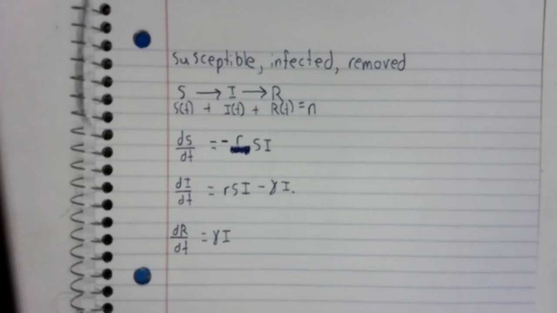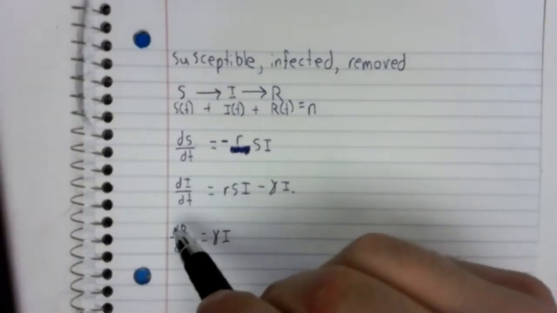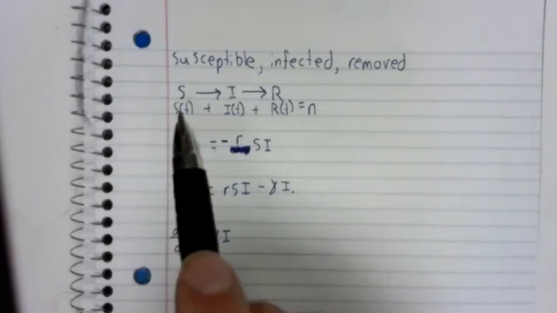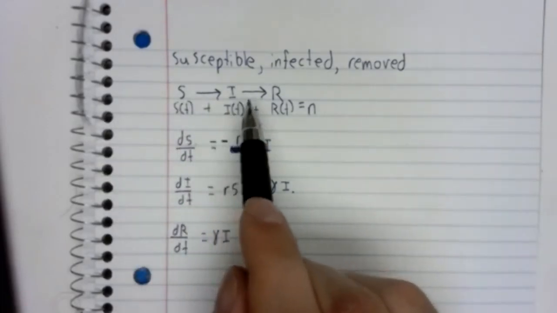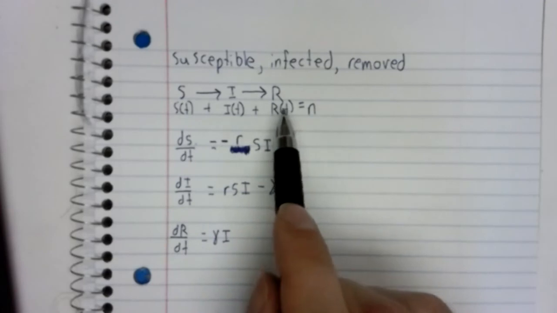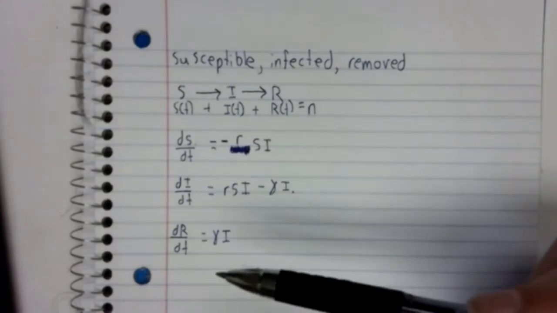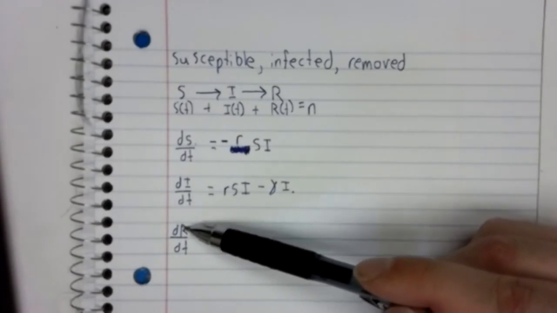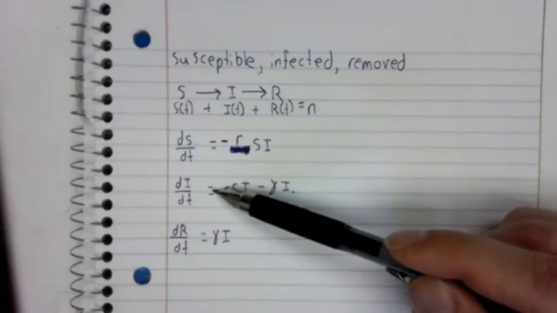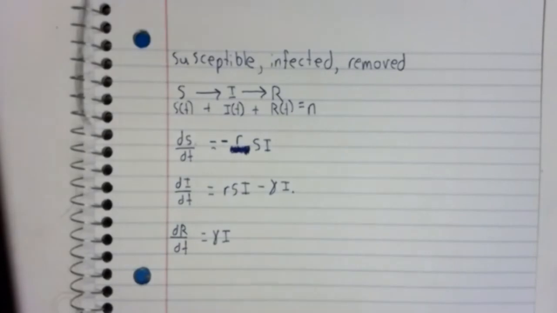Now, this is a system of three equations and three variables, but we can get away with only studying two of them. Notice that R, capital R, doesn't appear in either of these two equations.